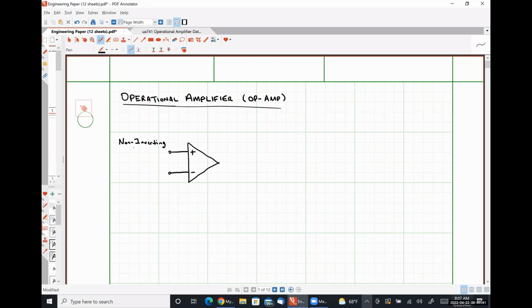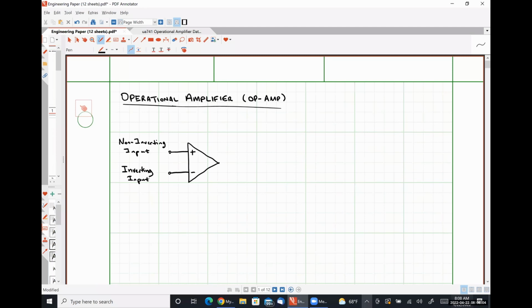Okay. So the input terminal associated with the plus sign is what's called the non-inverting input. And then the input terminal associated with the minus sign is the inverting input.